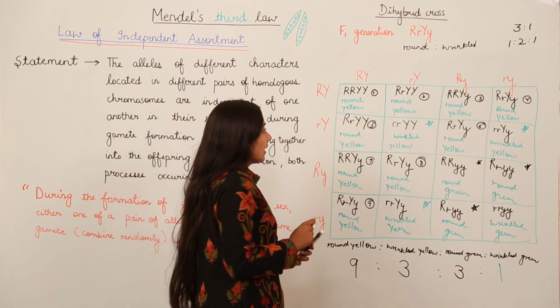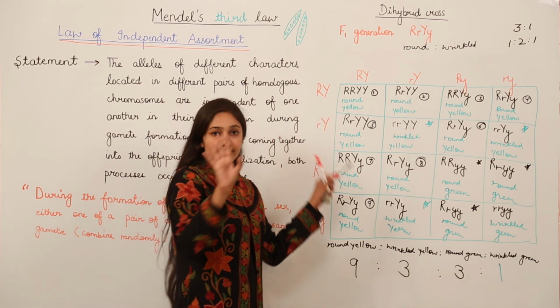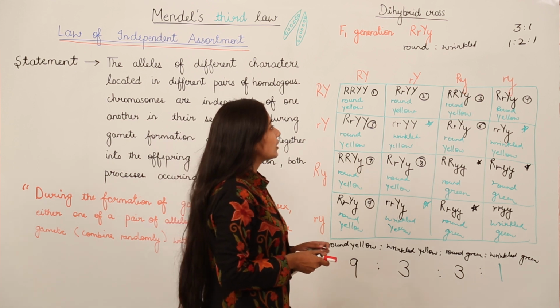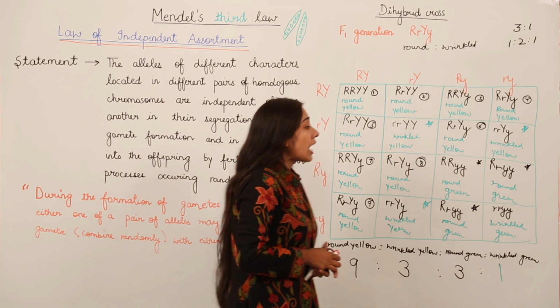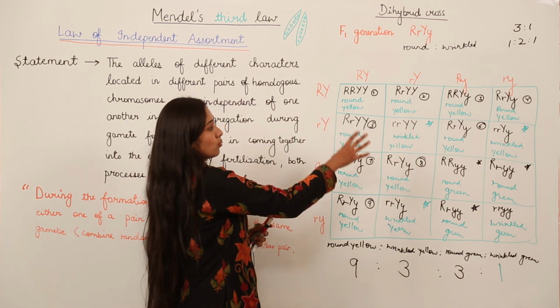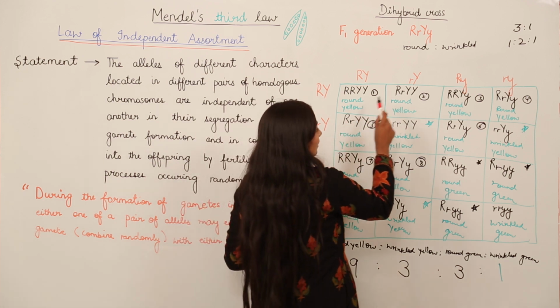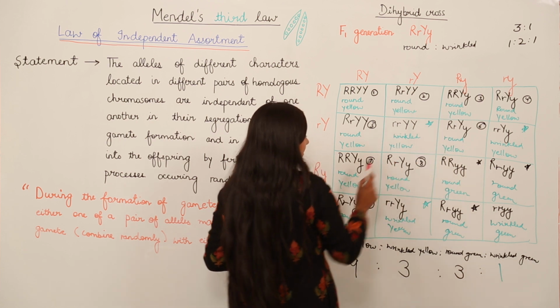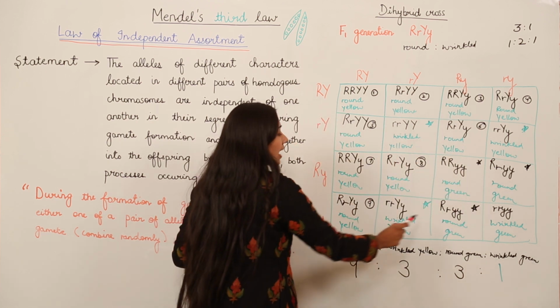Let us see how. If I am going to separate the characteristics, and I am asking you to discuss only the seed shape, whether it is round or wrinkled, how many seeds are going to be round? Let us count it. This is round: 1, 2, 3, 4, 5, 6, 7, 8, 9, 10, 11 and 12.